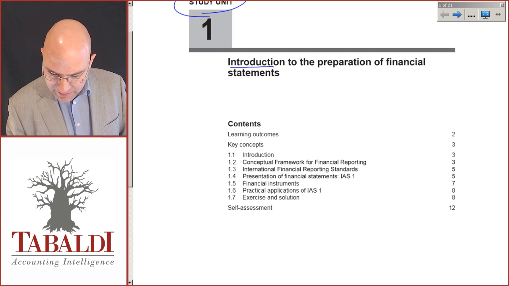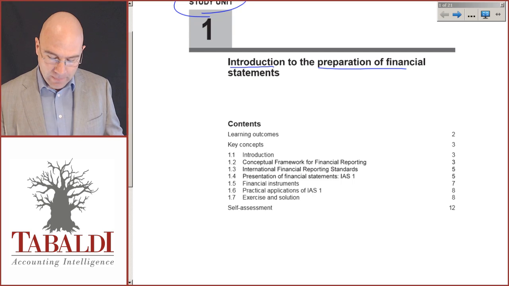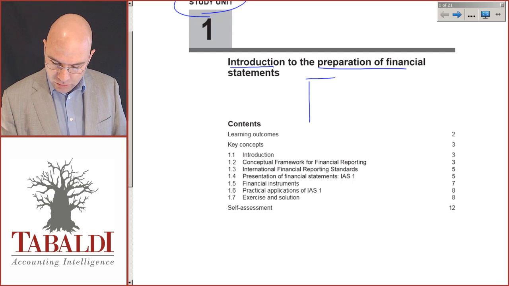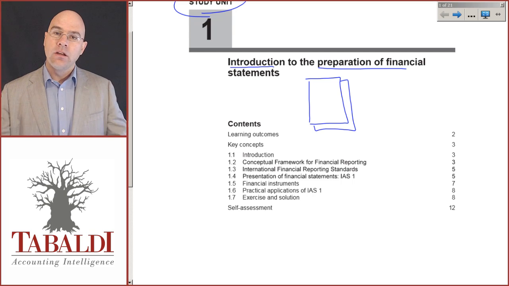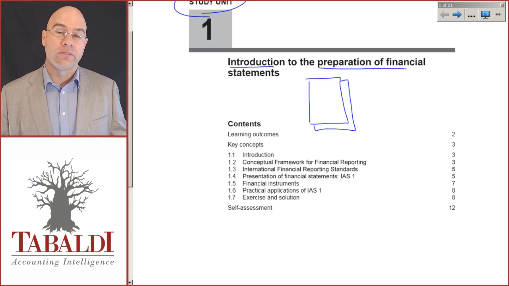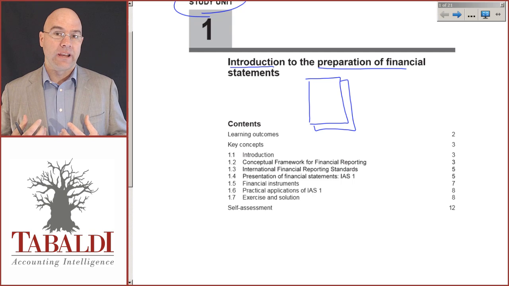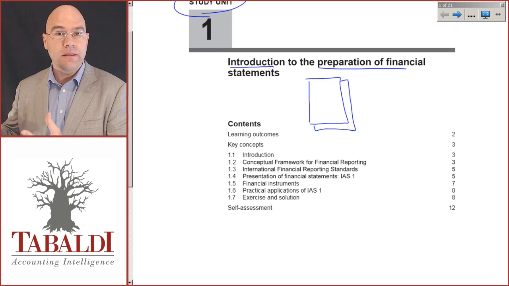We are looking at an introduction to the preparation of financial statements. We should all know that financial statements are your financial reports that you get at the end of the year from any companies that you invest in, right? So there would be a statement of profit and loss. We used to call that an income statement. We'll get a statement of financial position. We used to call that a balance sheet.